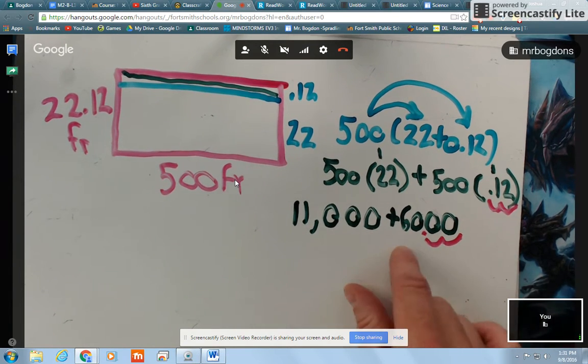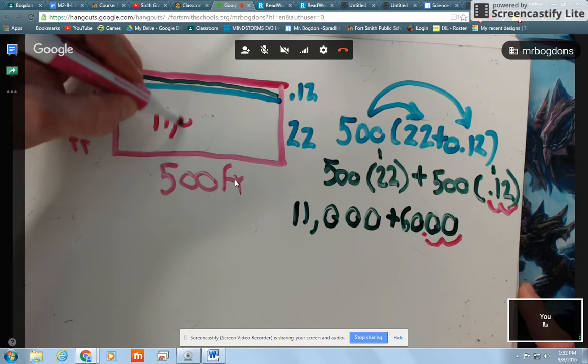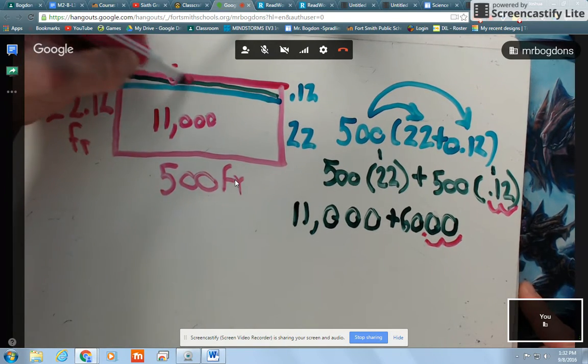So to show that my partial product is 100 times smaller, I've moved my decimal 2 places. How many zeros are in 100? 2. So hopefully that's making some sense. So here, my first partial product was 11,000. My second partial product is 60.